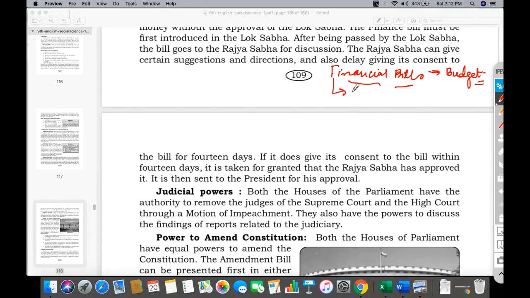Financial bills have to be first introduced only in Lok Sabha.